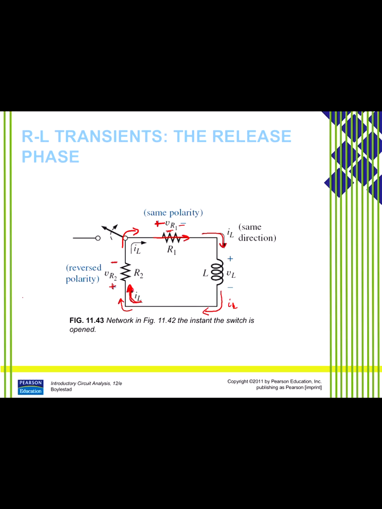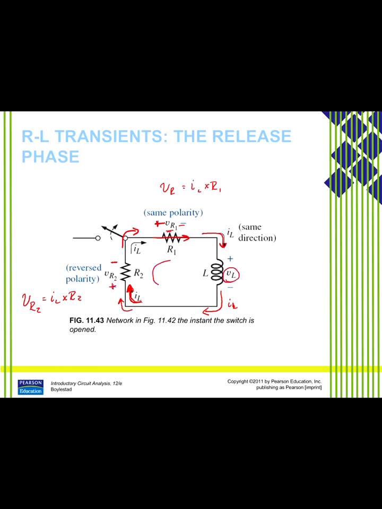Now, that voltage drop is controlled by I sub L. And so VR2 now is going to be in the opposite direction, and it's going to be IL times R2. VR1 is going to be IL times R1.